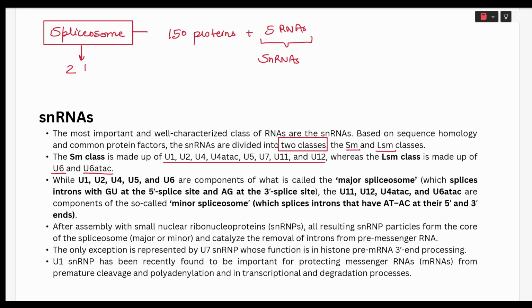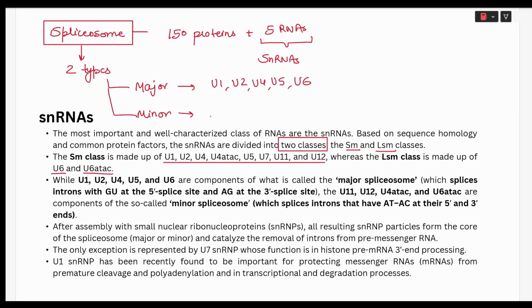So basically, there are two types of spliceosomes that we have, the major and the minor. Major, as you can see by the name, is the most common one, and that's why we call it the major spliceosome. The other is known as the minor spliceosome. The major is made up of U1, U2, U4, and U5, which are SM class, and then U6, which is the LSM class, right?